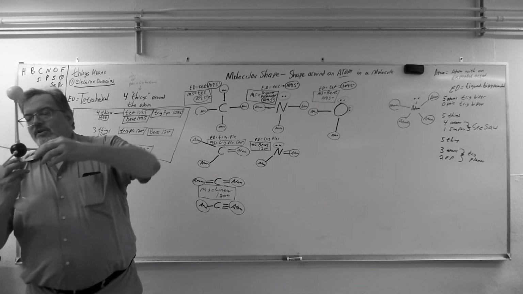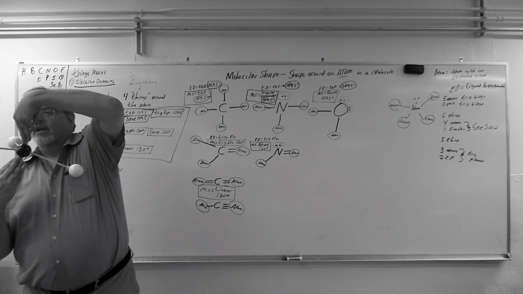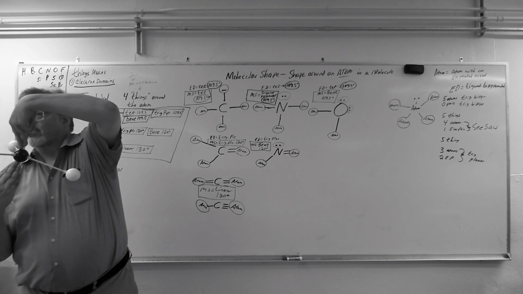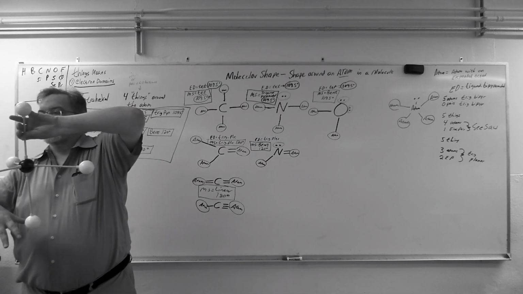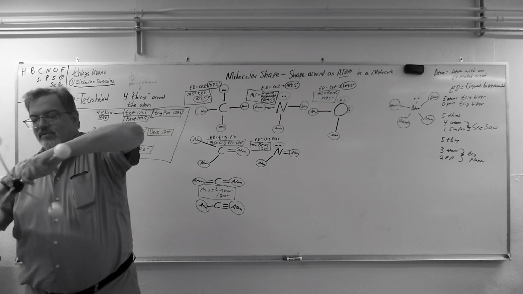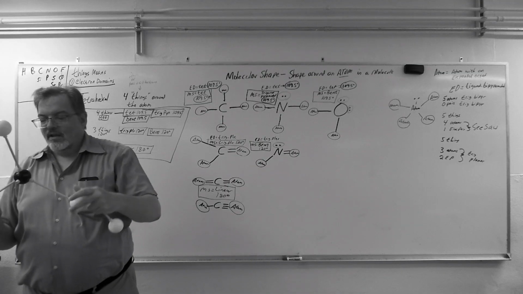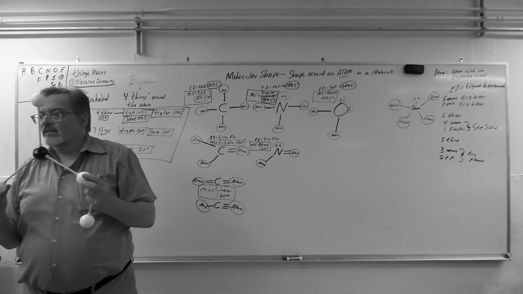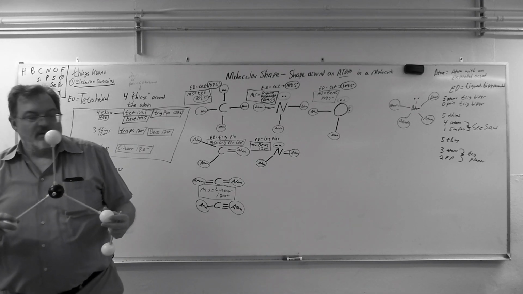But if 2 of these are electron pairs, then they would be in the axial positions. That's what they do. The electrons will necessarily go to the axial positions. In which case, if I remove these 2, if there's a pair of electrons there and a pair of electrons there, you actually get back to trigonal planar.